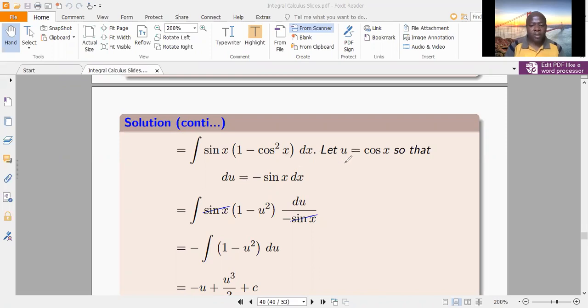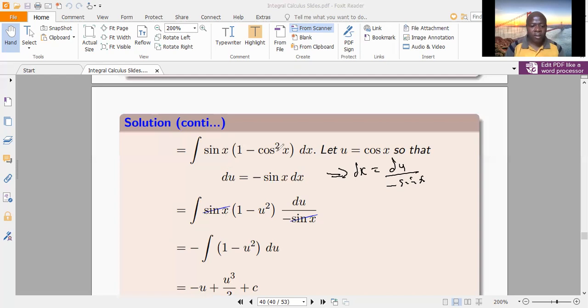When you do that, the derivative of u will be du, and the derivative of cos x will be negative sine x dx. Make dx the subject to be du out of negative sine x. So where there is dx, of course, we'll be writing this. And where there is a cos x, we'll be writing u.